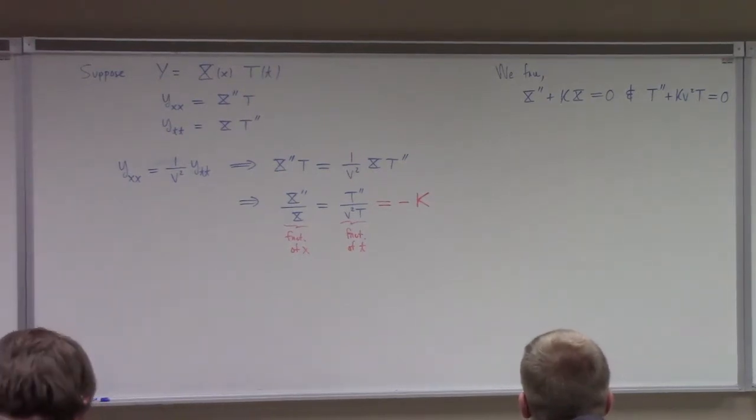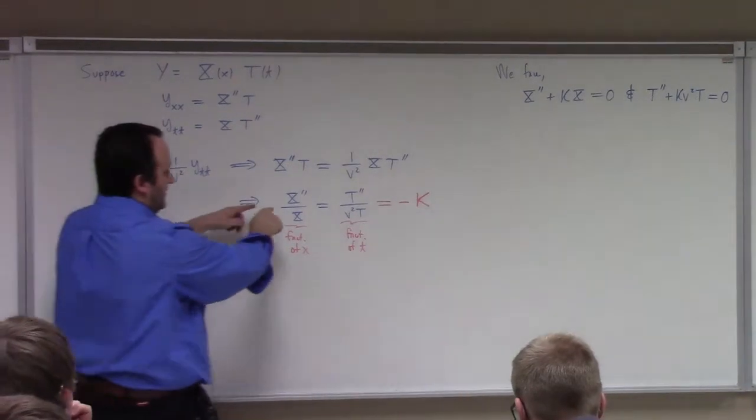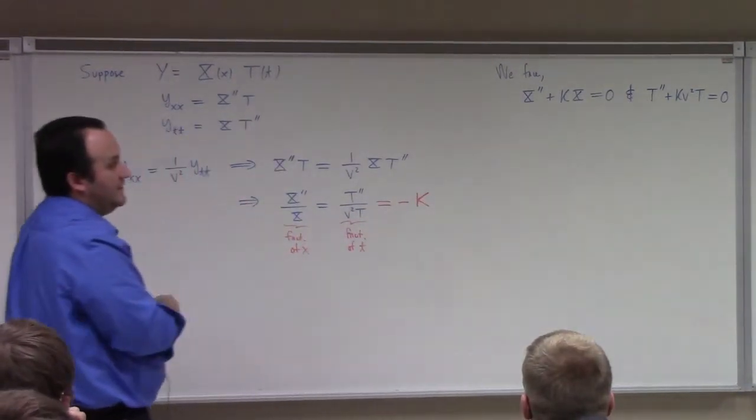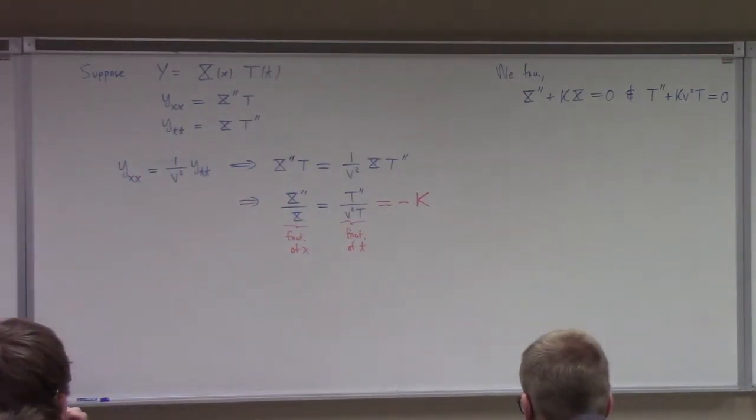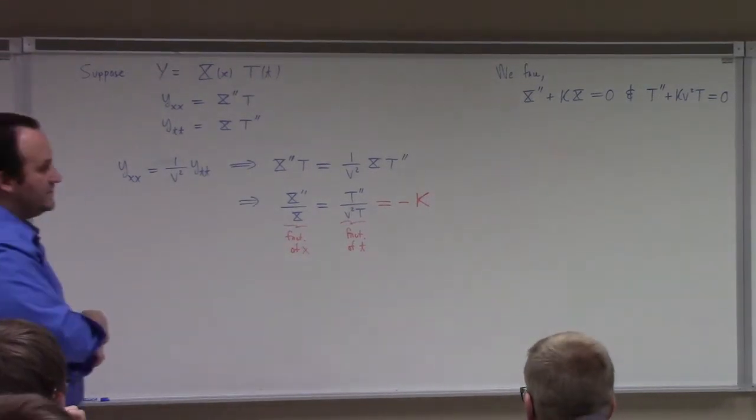You understand what I did? I just solved these both for k. And the reason I put that minus there is so we get a plus when I write these equations. So again, it looks like the ones we've already thought through.